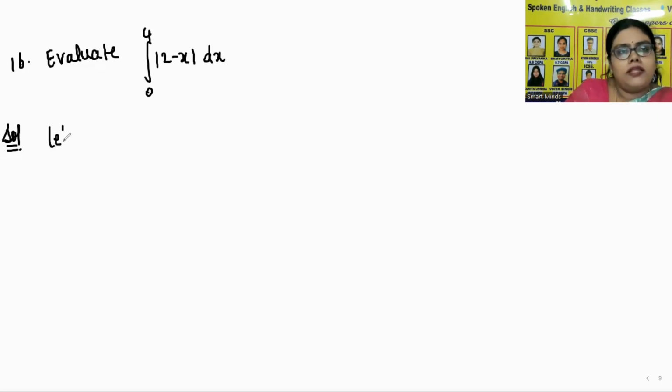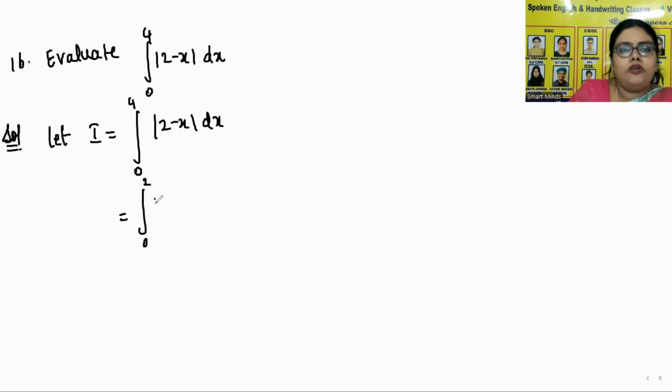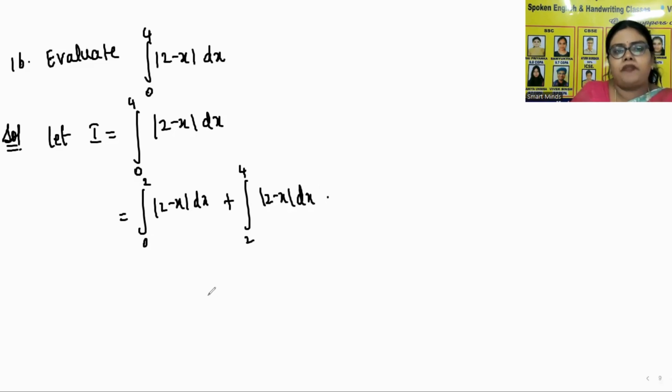So let us say the given integral I is equal to integral 0 to 4, mod 2 minus x dx. That we can split as integral 0 to 2, mod 2 minus x dx plus integral 2 to 4, mod 2 minus x dx.